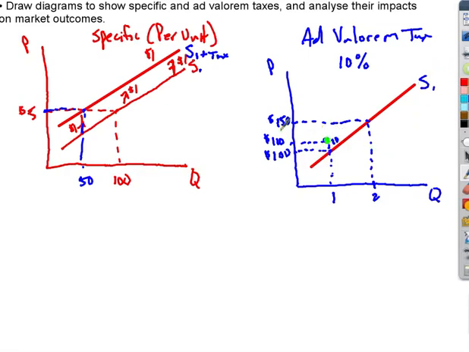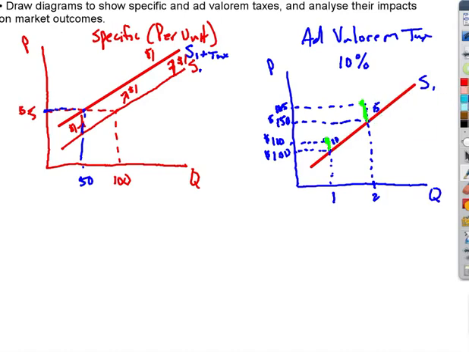And now what's the tax on this $150 going to be? It's 10% of that, and so we're going to need to go up by how much? $15. All right, and then bring that over. So that's 165. All right, let's get another dot here. And what I want you to be seeing here is that this distance is 15, this distance is 10.